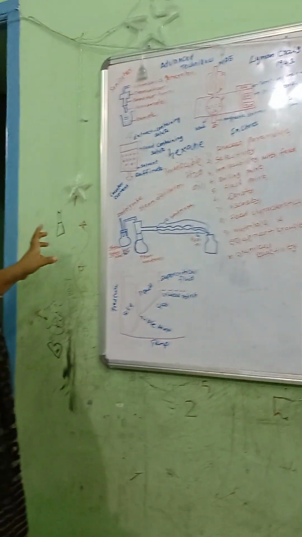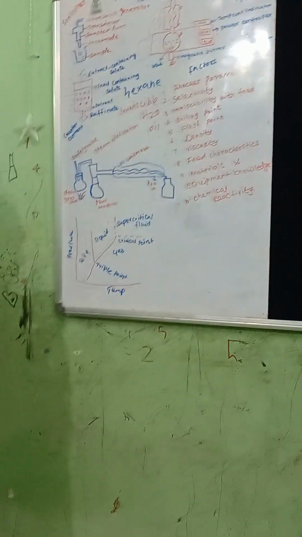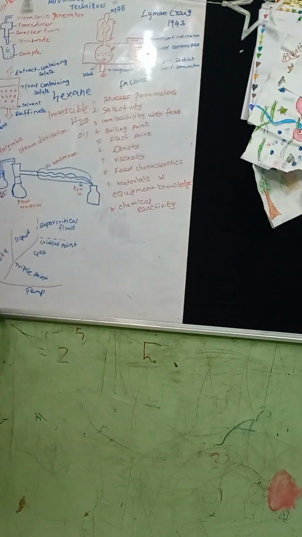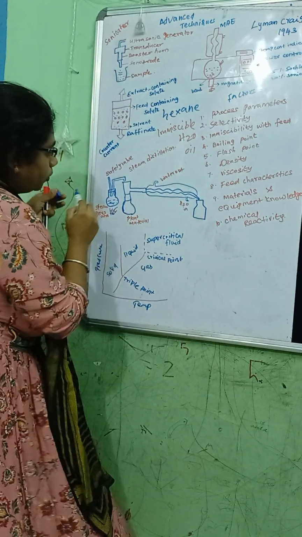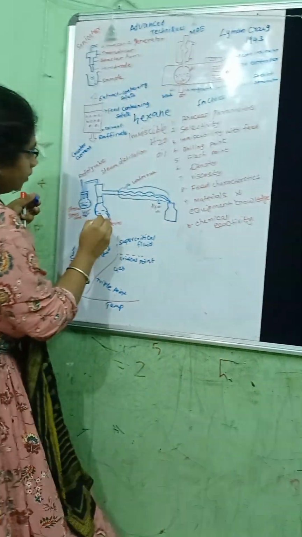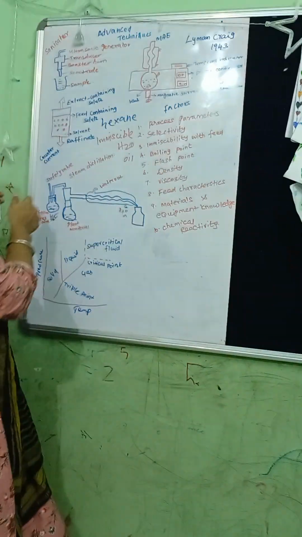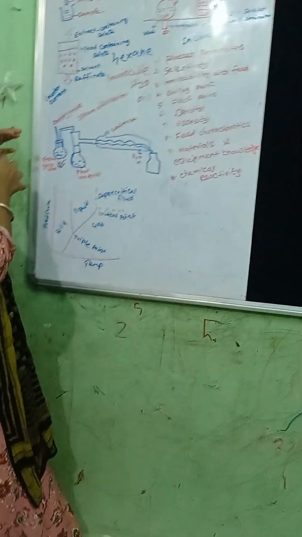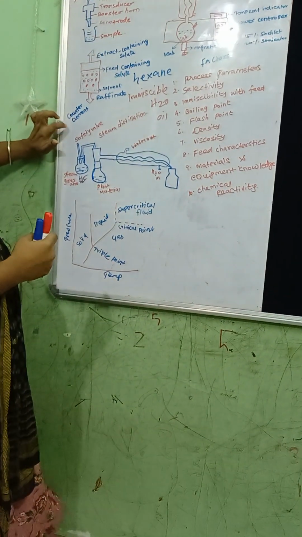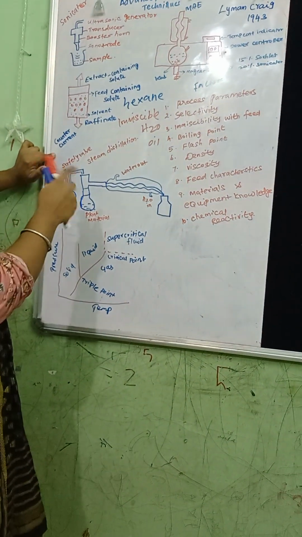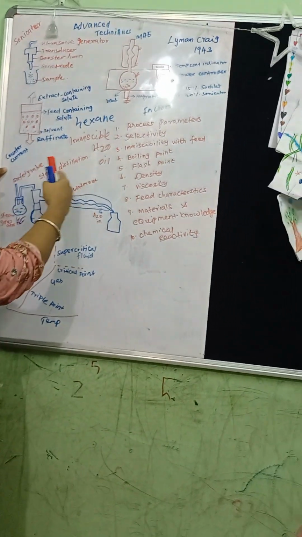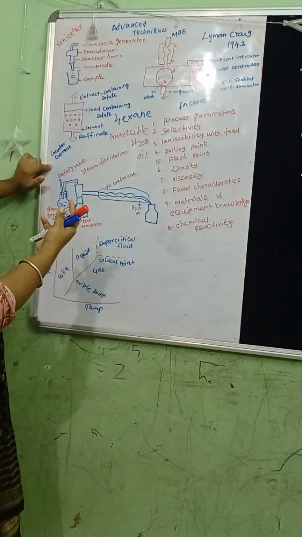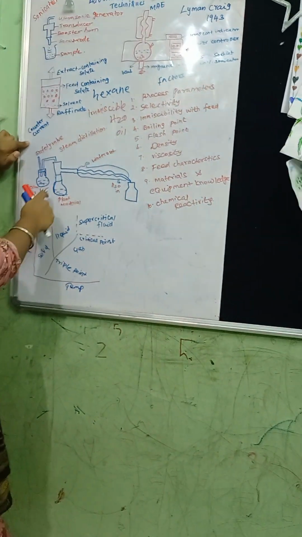Next is called the steam generator. Here we are giving the heat to the round bottomed flask which is containing the solvent. This is the plant material, which is the feed. Here there is a safety valve. It will indicate if there is any dangerous condition, whether we can adjust it or not. In steam distillation we are giving the steam, that means the vapor. We are not supplying direct heat.